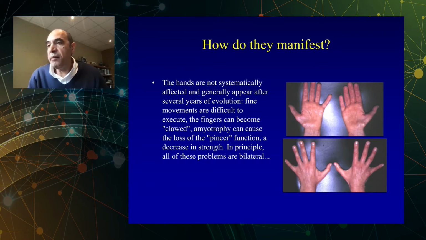The fingers can become claw-shaped. Amyotrophy can appear and can cause the loss of pincer function, with a decrease in strength. In principle, all of these problems are bilateral. Here you can see amyotrophy of these muscles in this region and here.